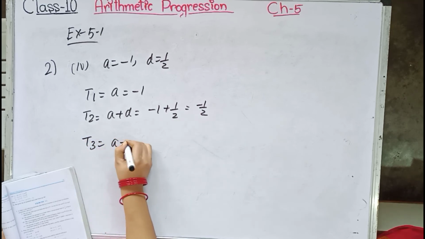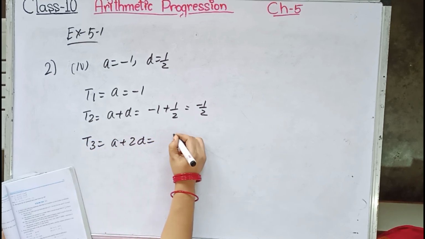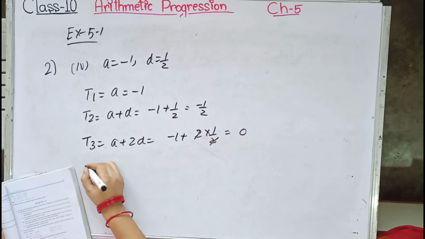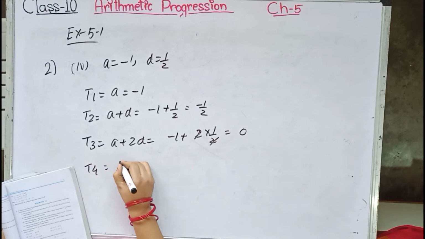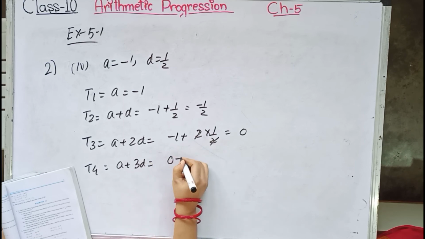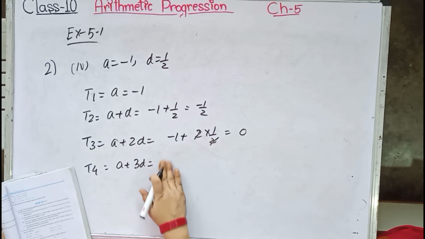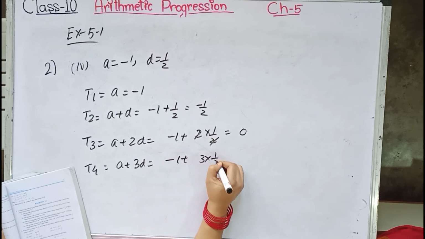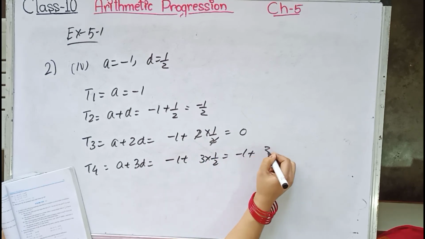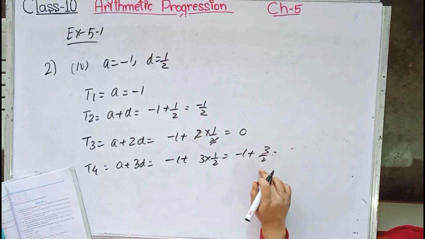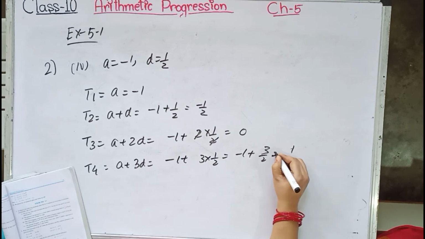T3 is a plus 2d, that is -1 plus 2 into 1 by 2, that is 0. And first 4 terms we have to write now. So a plus 3d. Sorry, a is -1 plus 3 into d, which is 1 by 2. So -1 plus 3 by 2 equals 1 by 2. -2 plus 3 is 1.